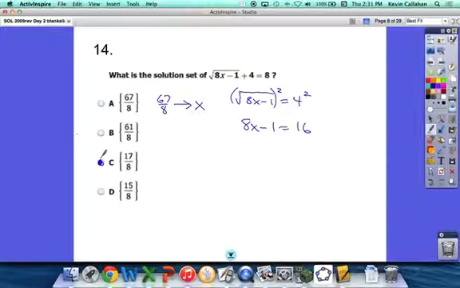Put on the first line, y1, the square root of 8x minus 1 plus 4. And then put on the second line, y2 equals 8. And then what would you be looking for on the graph that would tell you the answer? The intersection point. That'll be the answer, right? Looks like this.